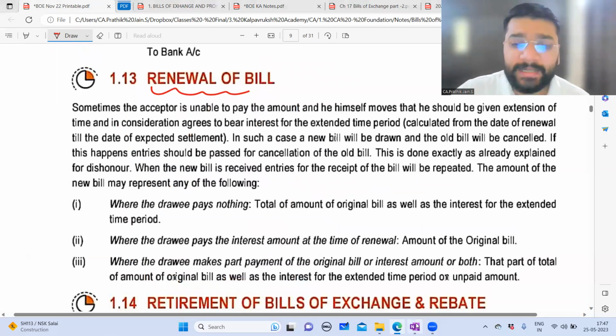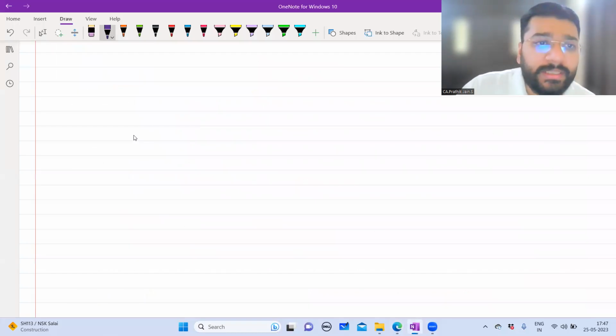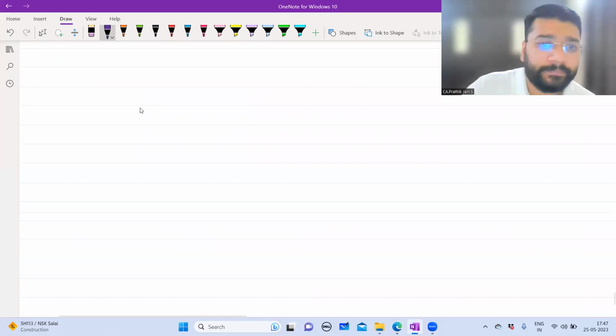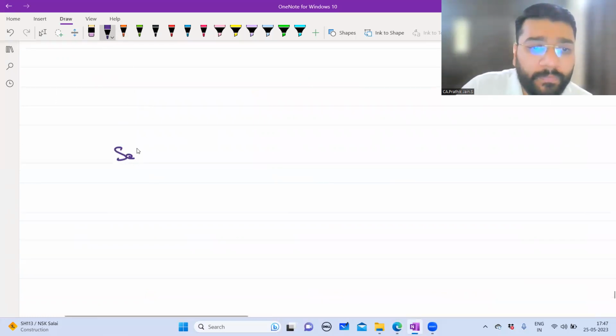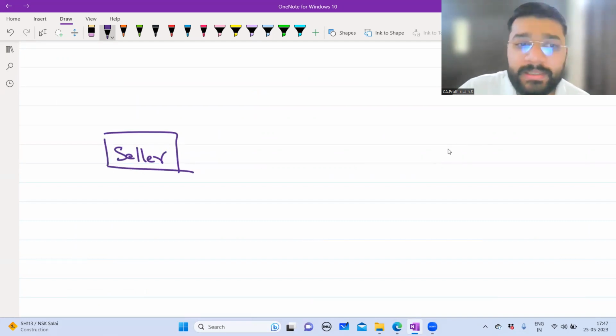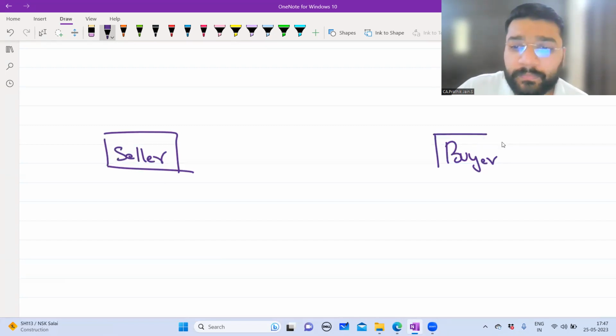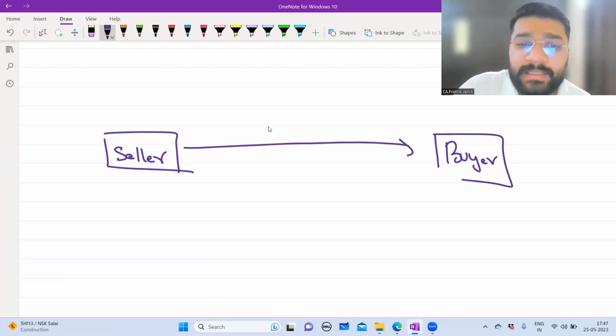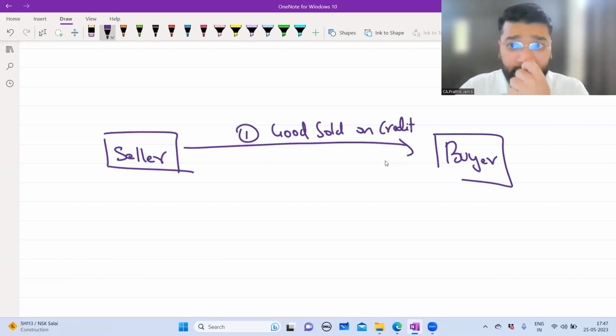Now, let's understand a scenario. This is a seller, and this is a buyer. Seller sells goods on credit. The buyer does not have the money to pay on the spot.